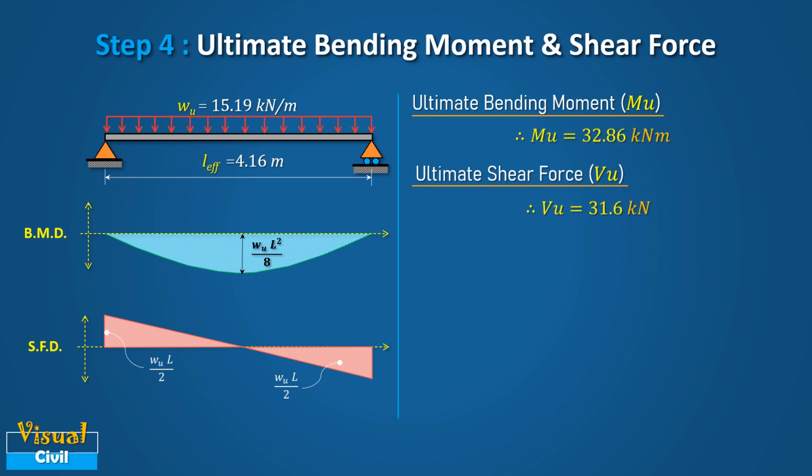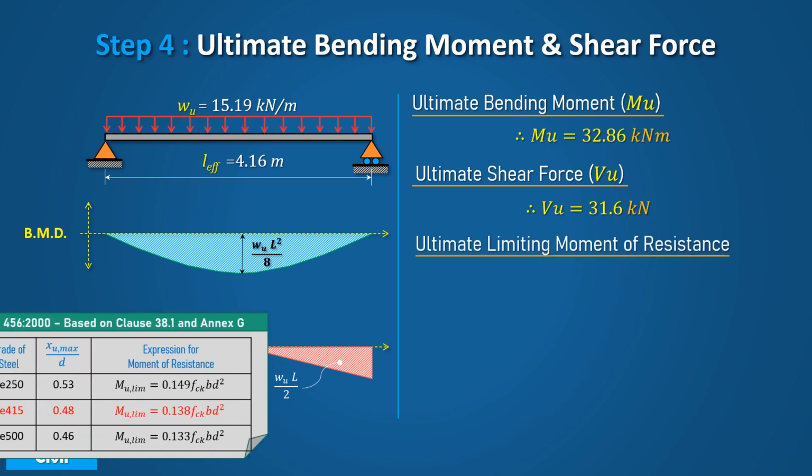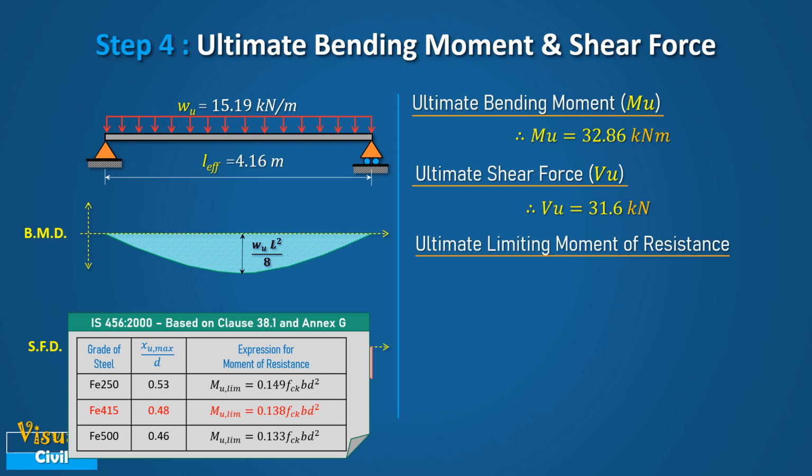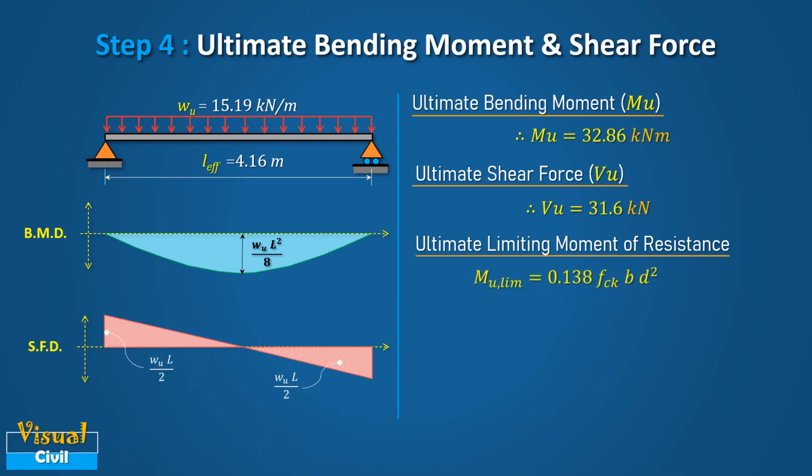Finally, to check the adequacy of the assumed thickness of the slab, compute the ultimate limiting moment of resistance. Based on clause 38.1 and Annexure G of IS 456 for Fe415 grade steel, the moment of resistance is equal to 0.138 fck bd squared.